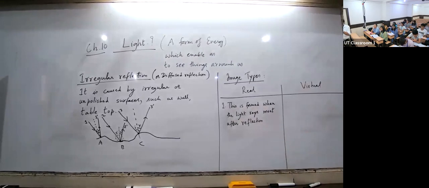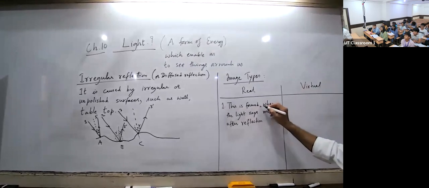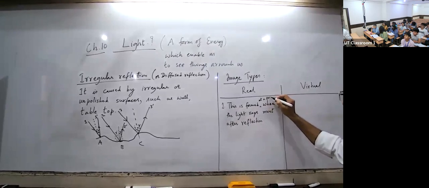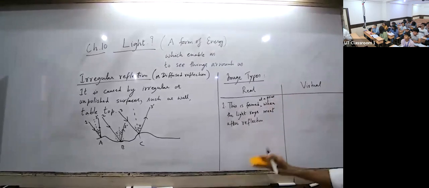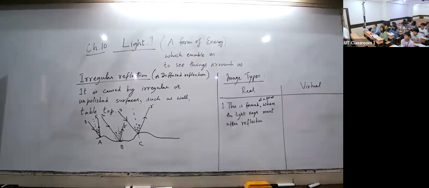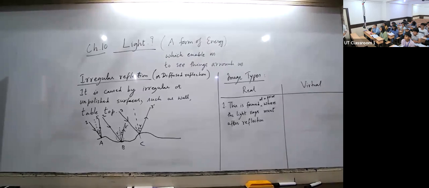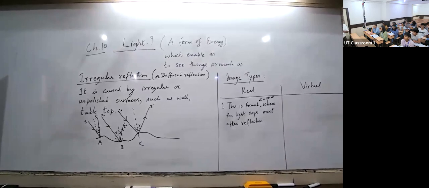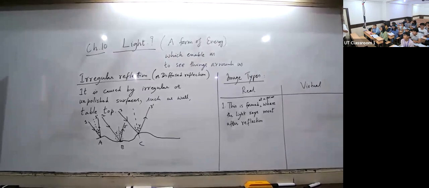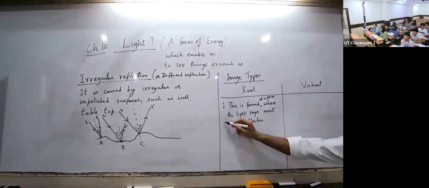A real image is formed at a point where the light rays meet after reflection. The word after reflection is very, very important.